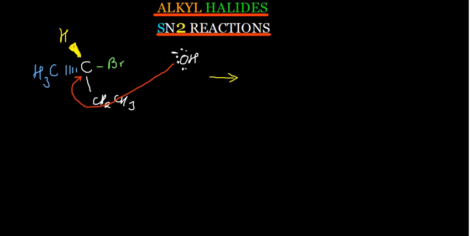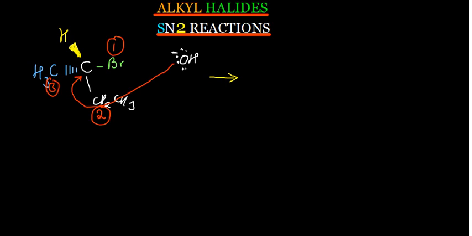Of course, the bromine has higher priority, so when you are numbering, this is going to be carbon number 1, this is going to be carbon number 2, this is going to be carbon number 3, this is going to be carbon number 4. When you are numbering, you give priority to groups of higher priority. So this one we give position number 1 because it has higher priority, and then this one, and then this one.